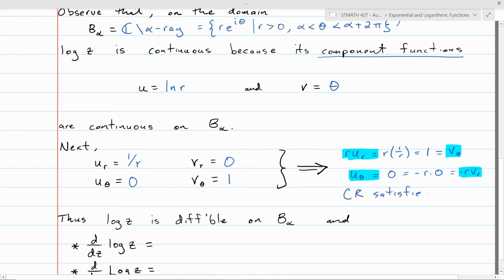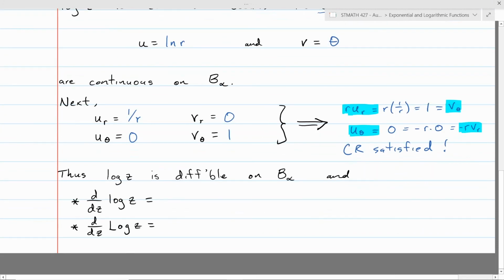And all those technical little bits about the partials being continuous and defined on a neighborhood of the point, that's all trivially satisfied for this domain that we're talking about, this B alpha. So that tells us that the sufficient conditions for differentiability are satisfied. So now we know our logarithm function is differentiable on that set B alpha, and we can calculate the derivative.